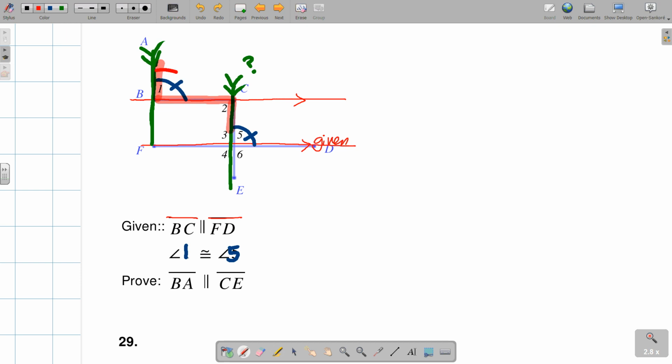All we have to do is show that 1 and 2 are congruent. And if 1 and 2 are congruent, then boom, the lines must be parallel. Why? Because we have armpits of Z's going on. So we're trying to figure out how can we connect angles 1 and 2.